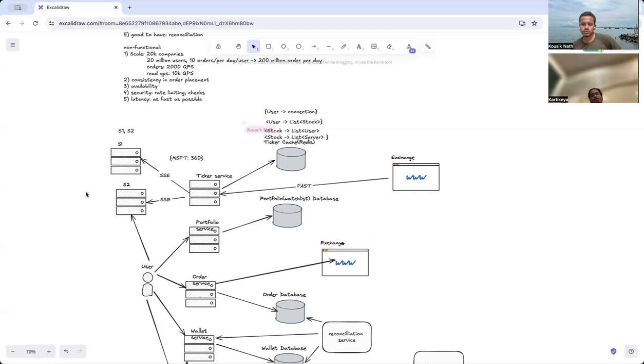They can only know if some data is updated in Redis and Redis has a webhook or callback mechanism that tells S1 or S2 that this data changed, but I think that will be too much complication here.